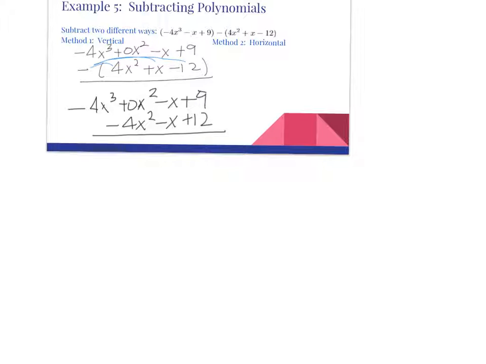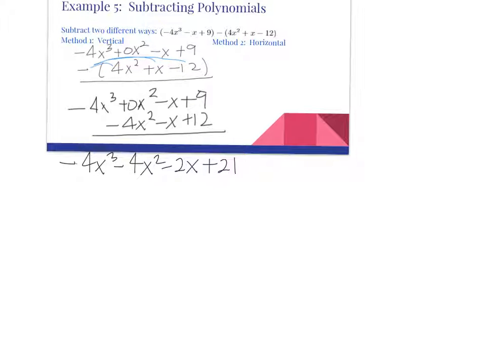There's nothing to add to the cubed term, so I have minus 4x cubed. 0x squared minus 4x squared is minus 4x squared. Negative x and negative x is negative 2x. And then 9 plus 12 is 21. And so that's what I get using the vertical method.